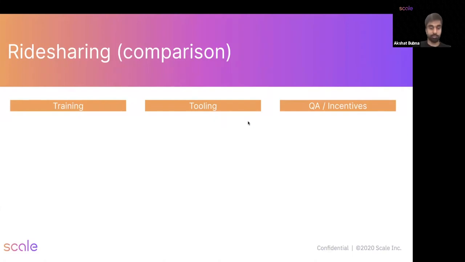How do you give them sufficient training and make sure people on that side are capable of performing that? I'm also going to talk about tooling, which is how do you actually enable them to perform that service effectively by giving them software, hardware, and so on. And finally, quality assurance and incentives.